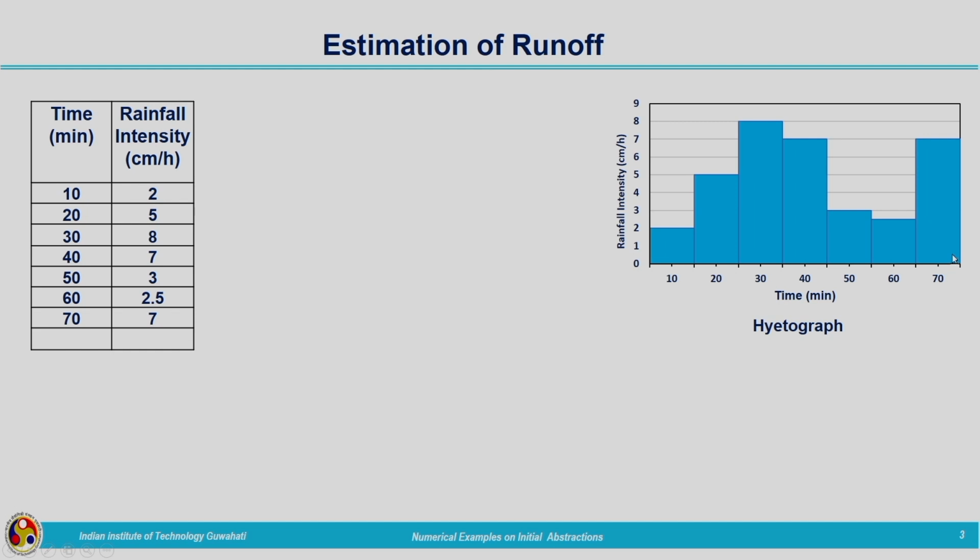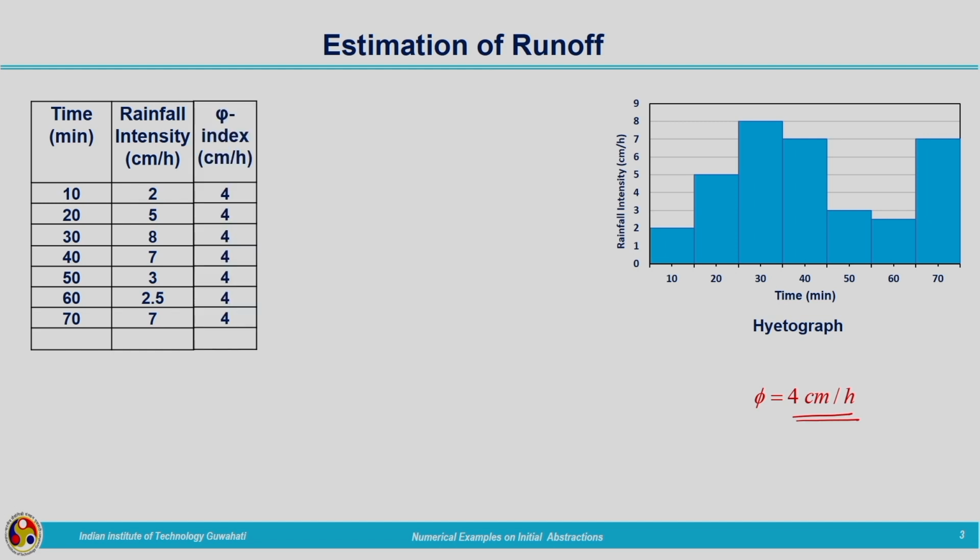The hydrograph is shown in this graph, and the 4 centimeters per hour given as the phi index value corresponds to the abstractions, which is tabulated in this column. 4 centimeters per hour can be marked over the graph like this. This is a constant rate of abstraction, so it will be a straight line throughout the time period.